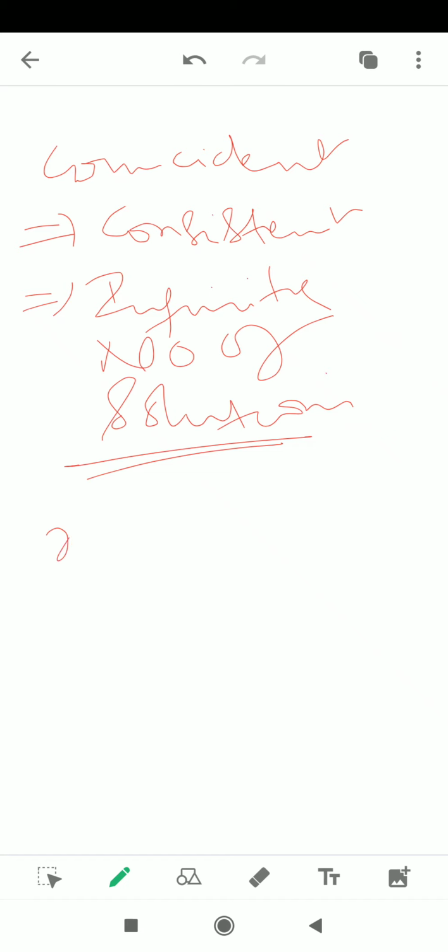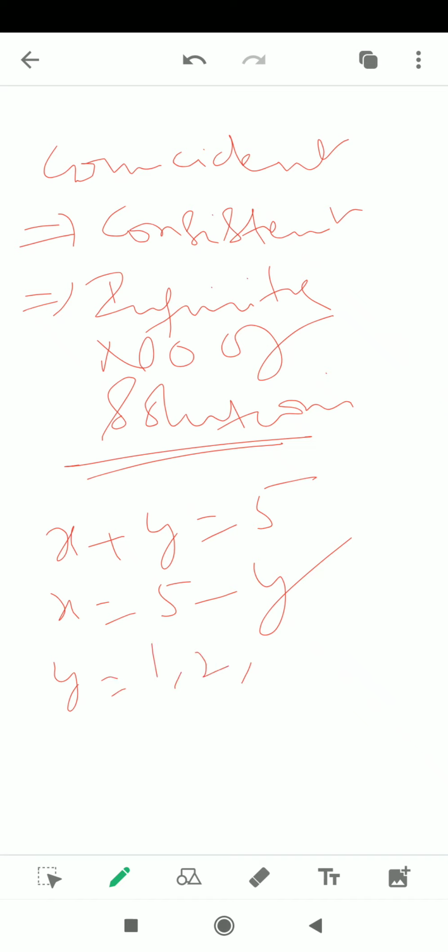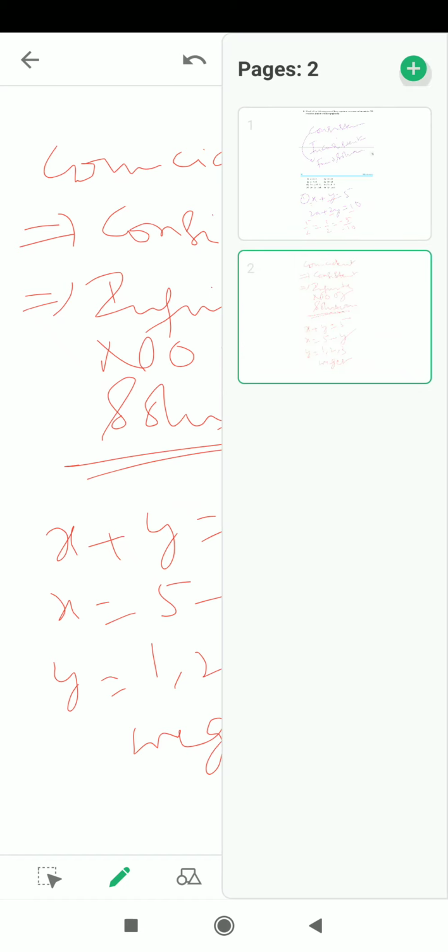What is the given one? x plus y is equal to 5. What is the x value? 5 minus y. If you go and put y is equal to some values, 1, 2, 3, we get x is equal to 5 minus 1, that is equal to 4.